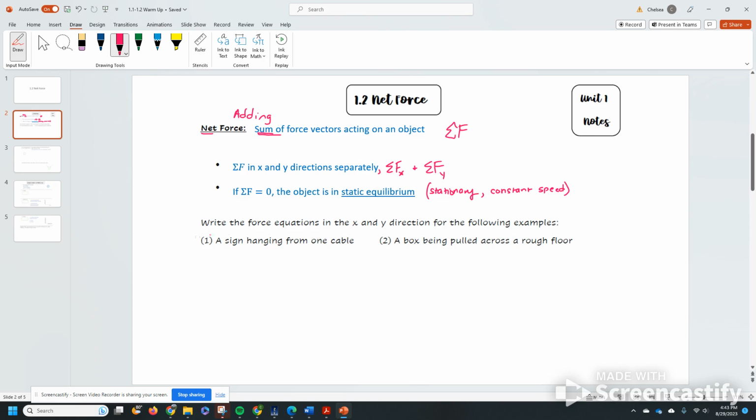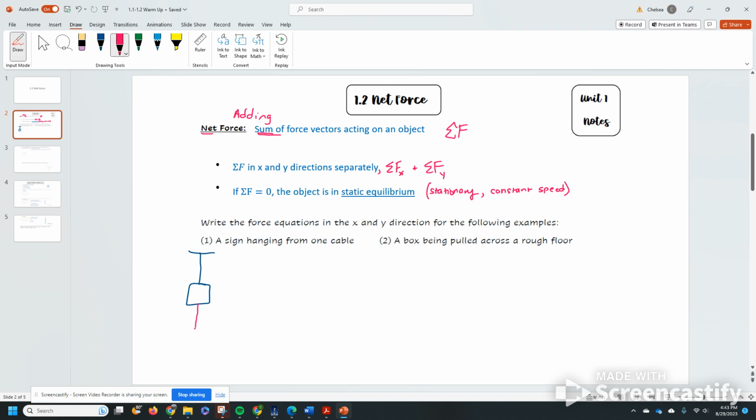So we're going to start writing some force equations in the x and y direction for the following examples. Here I have a sign hanging from one cable. Let's say it's attached to something. We're going to look at what forces are acting on the object and then write algebraically the sum of forces. This object here is hanging.